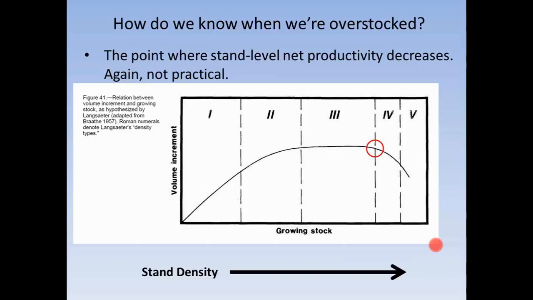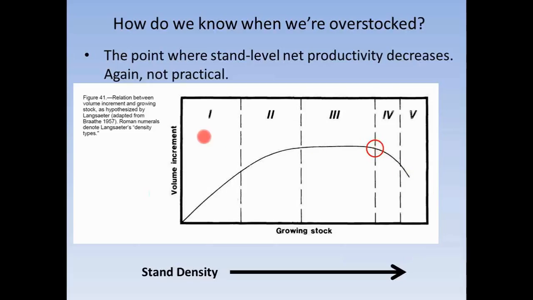Okay, let's go back now. We've decided the B-line by and large is going to be that point where we've reached full site occupancy. Now, how about that A-line? How do we know when we're reaching that point where we're overstocked? Well, again, if we're interested in stand level productivity, it would be really nice to know where we are so dense that our productivity is decreasing.